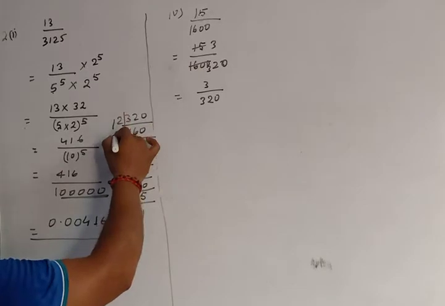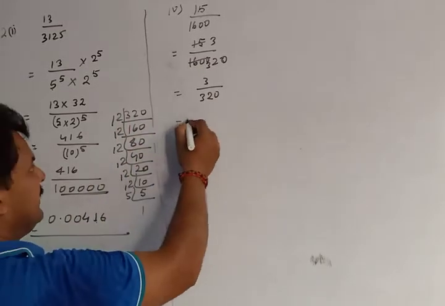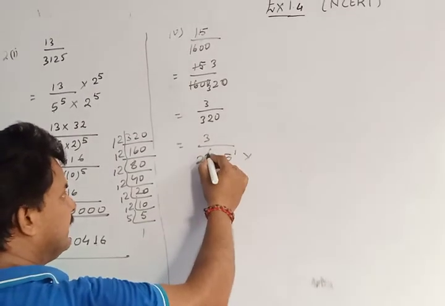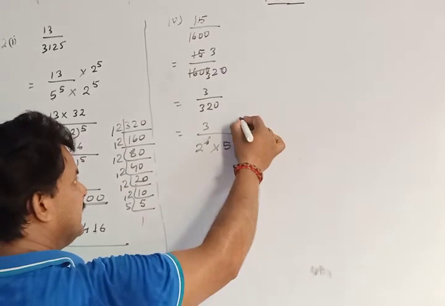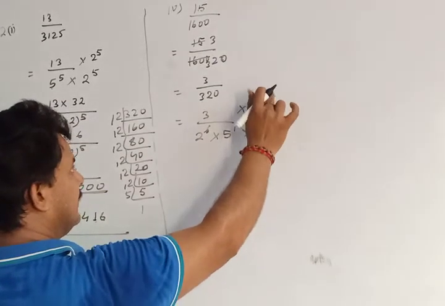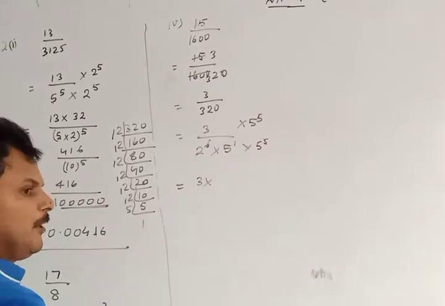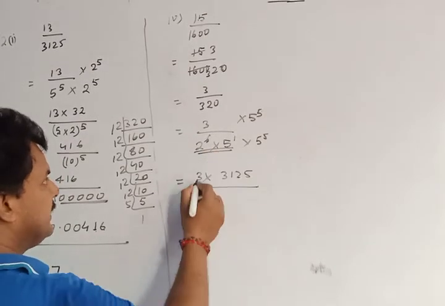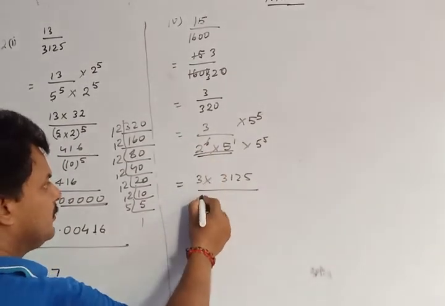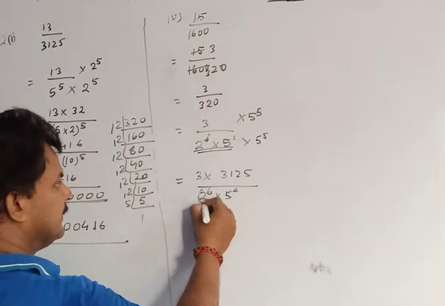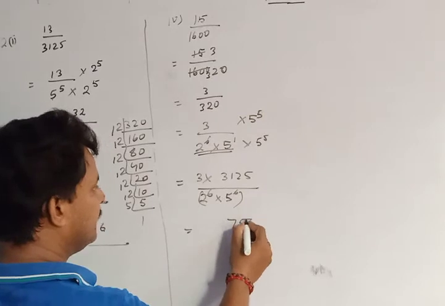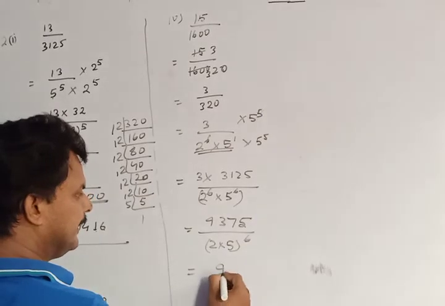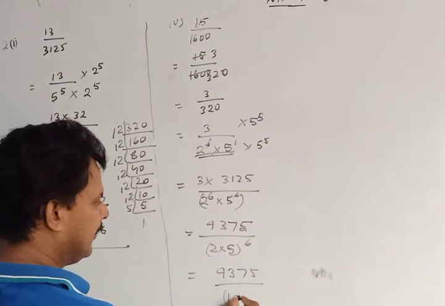We observe 2 six times and 5 one time. How many more times is 5 needed? Here 6, here 1, so 5 times needed. Then 3 times 5 to the power 5 is 3 times 3125, so the product will be 9375. The denominator will be 2 to the power 6 and 5 to the power 6, which is 10 to the power 6.